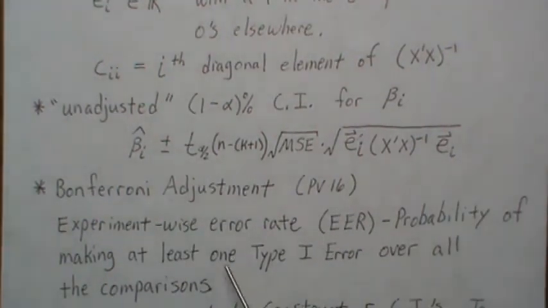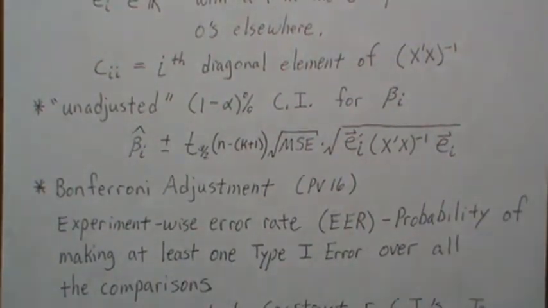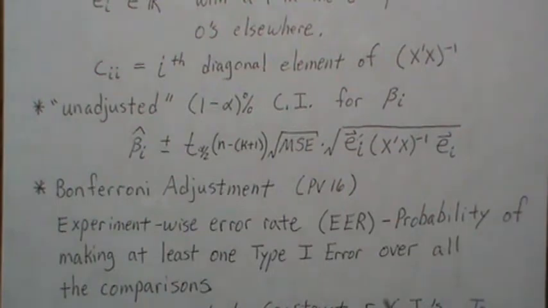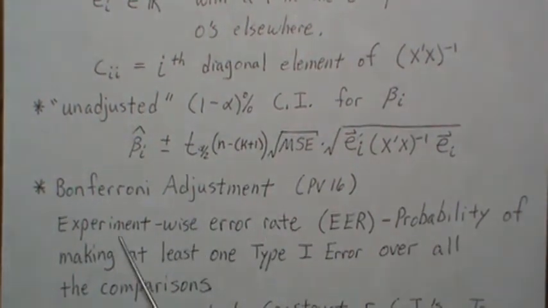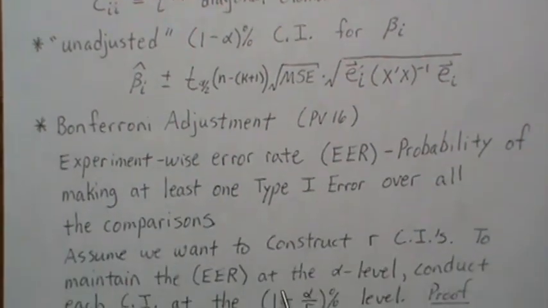So the more you look without adjusting the alpha level at each individual comparison, your probability of making at least one type 1 error goes up. So we want to somehow control this experiment-wise error rate. Now some people call it the family-wise error rate, but here we're going to call it the experiment-wise error rate.